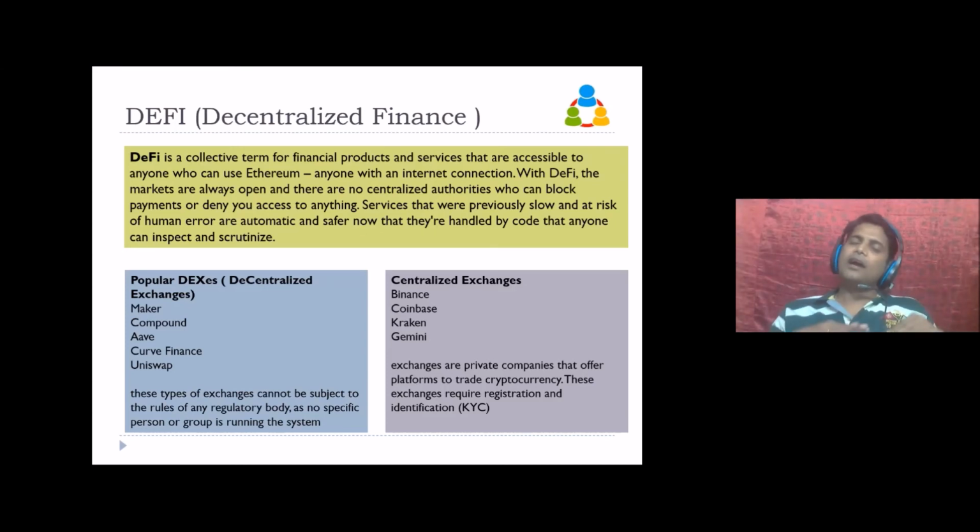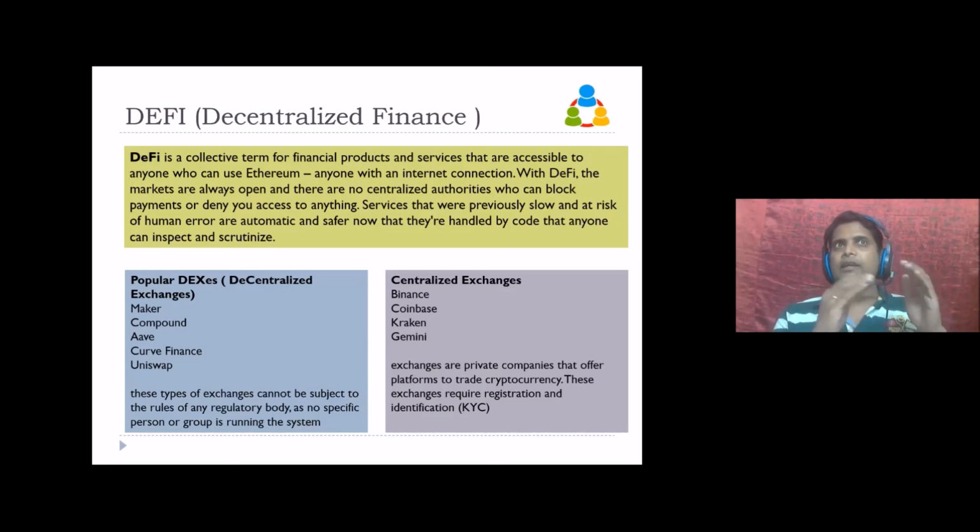And there are several DEXes. It's called decentralized exchanges. It's like Maker, Compound, Aave, Curve Finance, and all these things. There are exchanges which help you to trade cryptocurrencies. You can buy and sell cryptocurrencies.